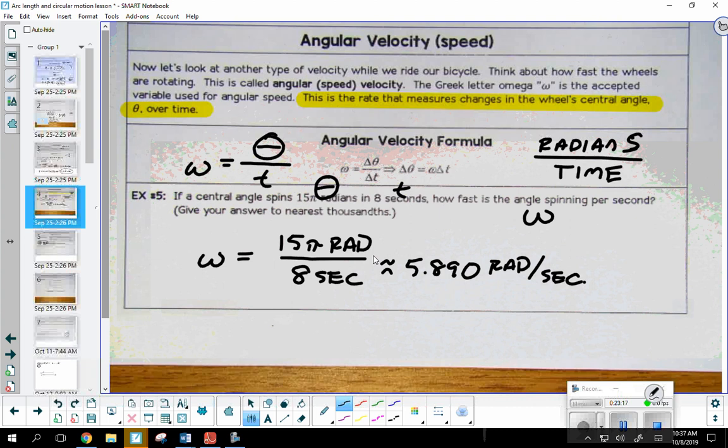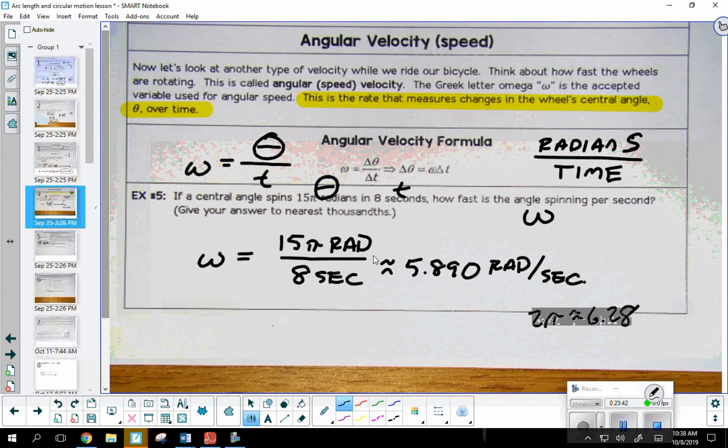It is 2 pi, right? But what would that be as a decimal? 6.28 radians. Because remember, pi is just 3.14, so if I double that, that's where I get the 6.28. So that's why I'm saying it's almost one full revolution per second. That's my angular velocity. How fast is the angle rotating with respect to time?